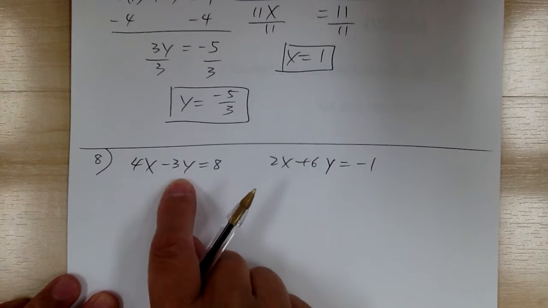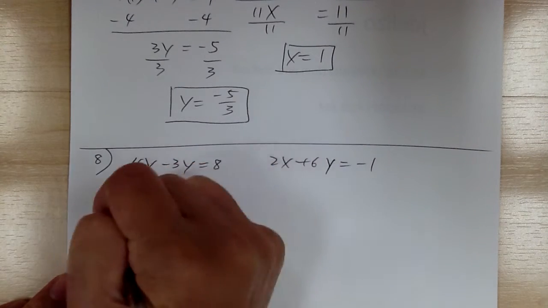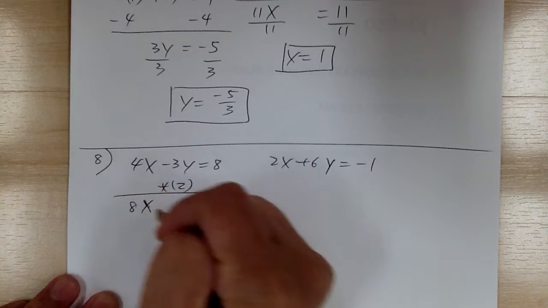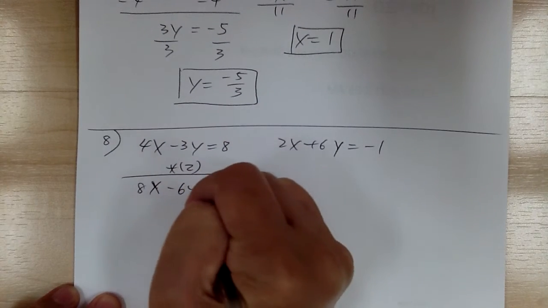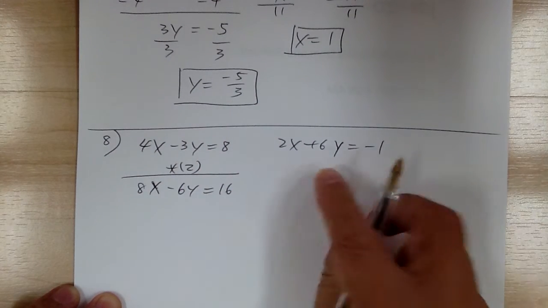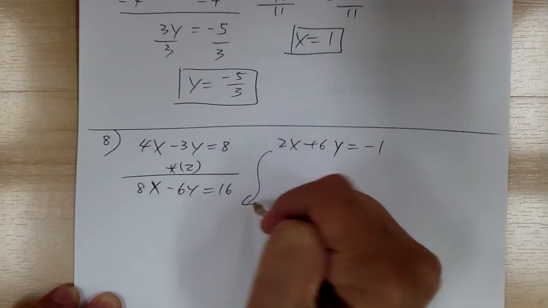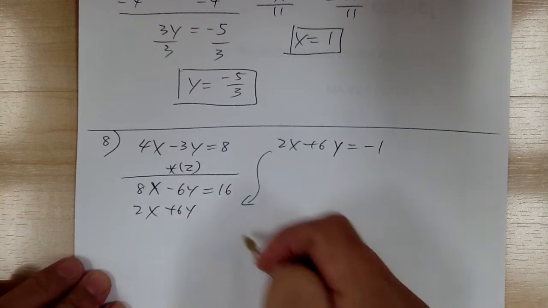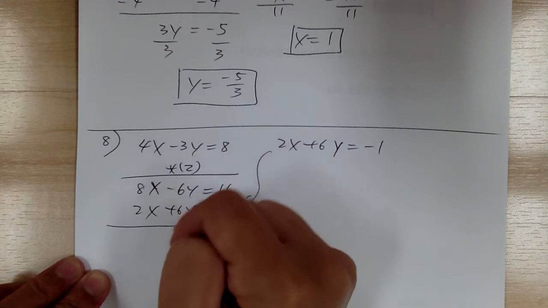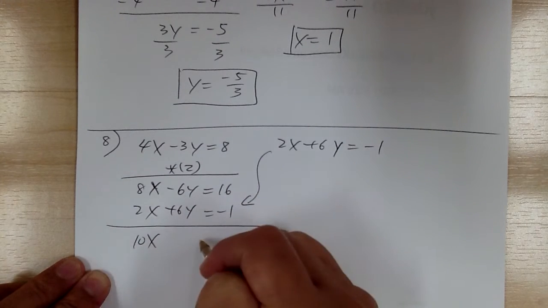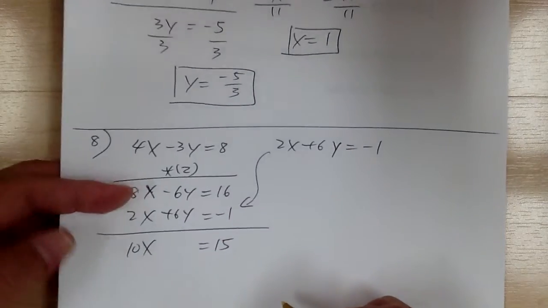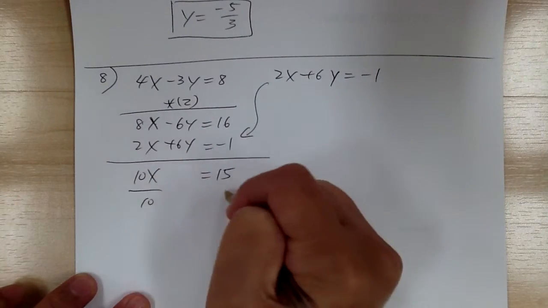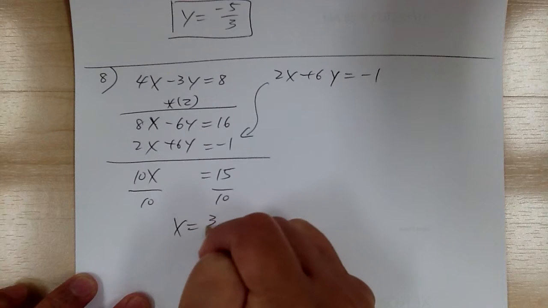So I'm going to multiply this by 2. So I get 8x minus 6y equal to 16. And I'm going to put this under here. So I get 2x plus 6y equal to -1. So when I add, this cancels out, so I got 10x equal to 15. Divide by 10, divide by 10, so x equal to 3 over 2.